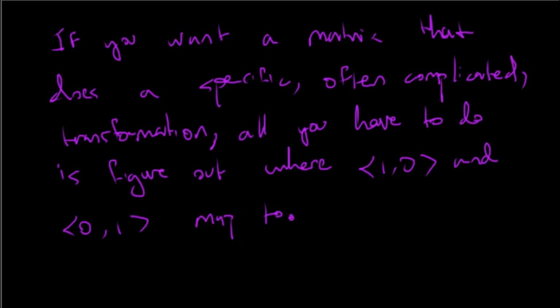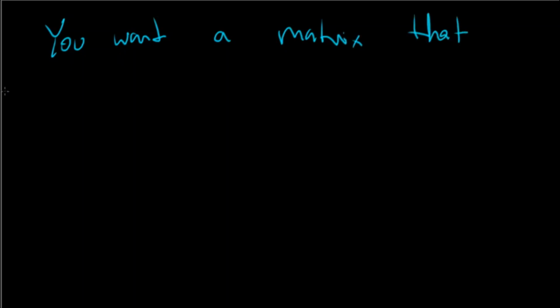All right, let's use this in practice to kind of justify why it's actually pretty awesome. So let's say you want a matrix that rotates all vectors 90 degrees.